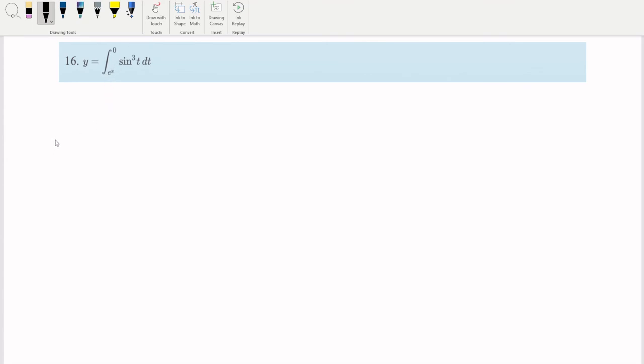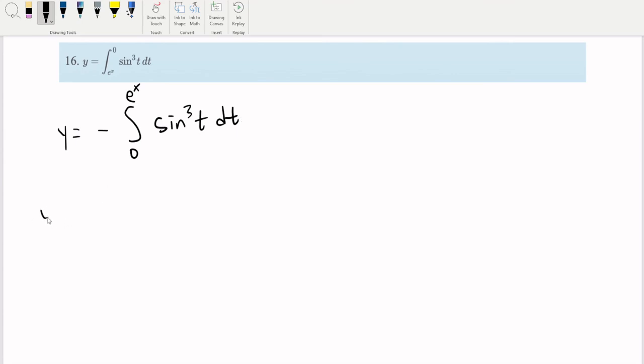That has a pretty quick fix though, because you just have to remember, I can rewrite this integral by putting a negative sign in front. I can flip, easy peasy.